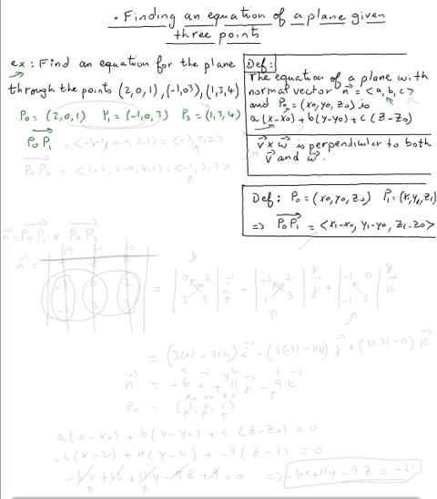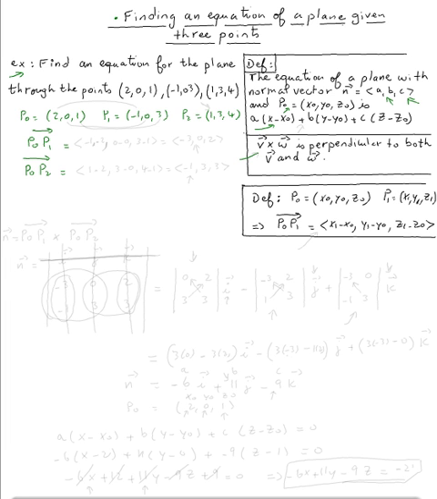We can also find another one, P0P2. Those two vectors are parallel to the plane because they are on the plane. So we need one that's perpendicular.